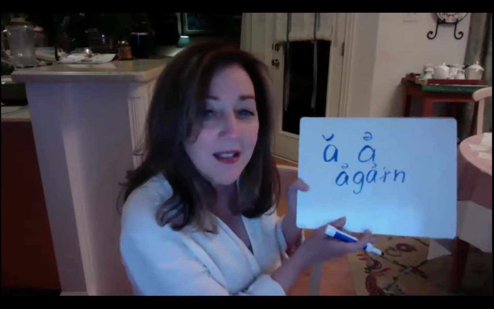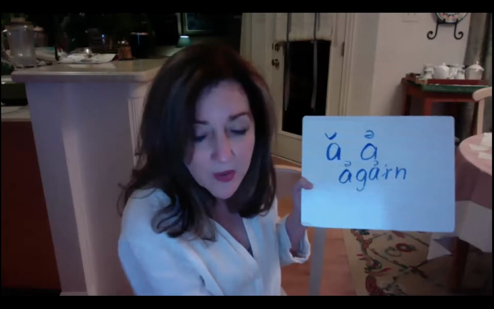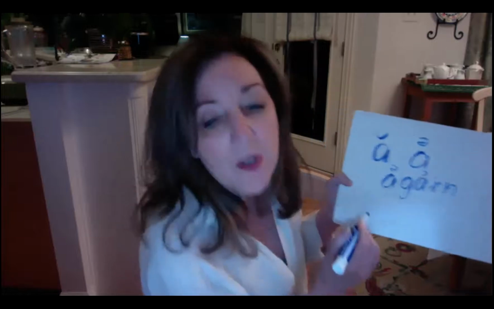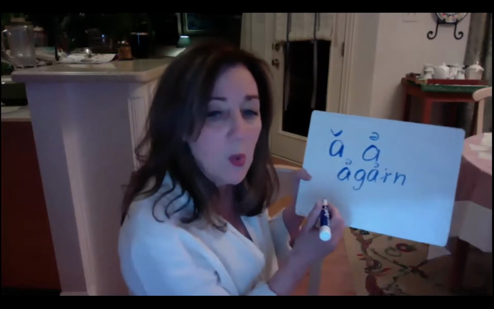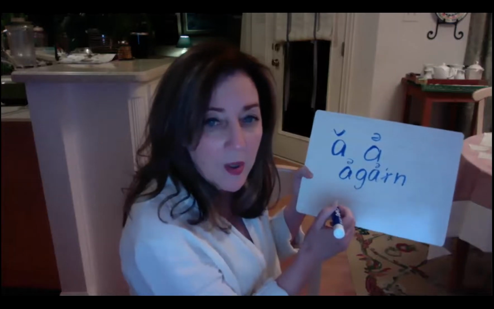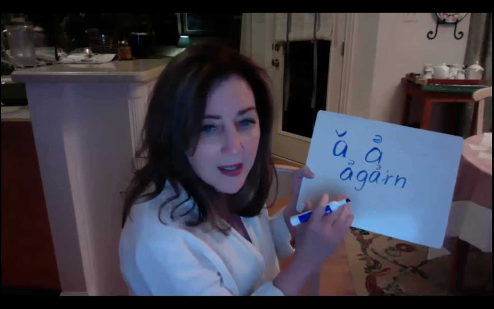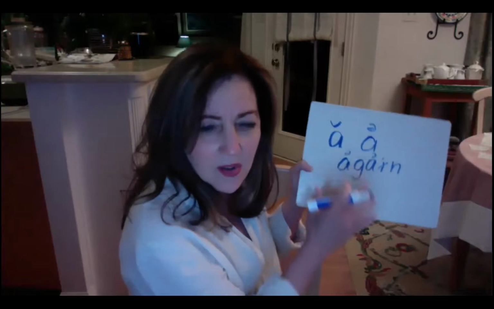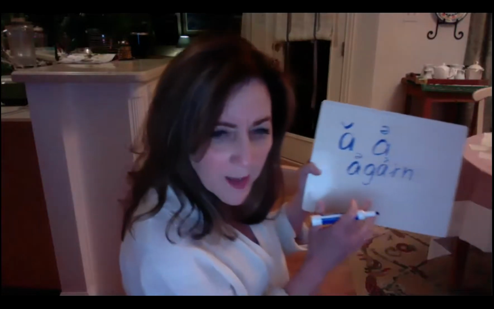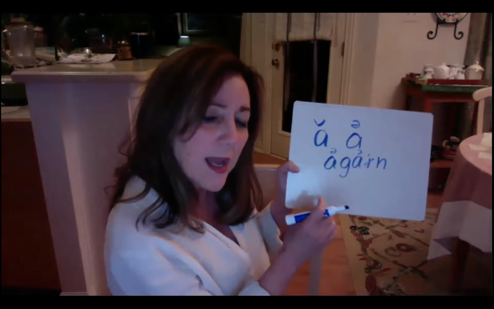So the schwa shows up in a lot of words in different ways. And I just think it'd be good and useful for you and your child to explore and just look at all the words in a passage that have the A in it at all.